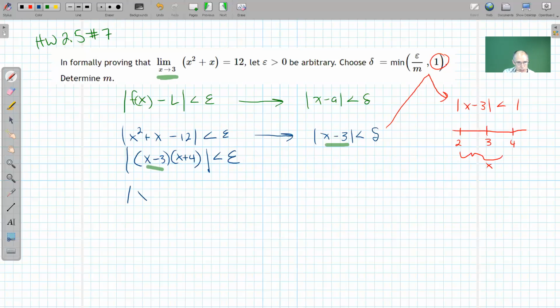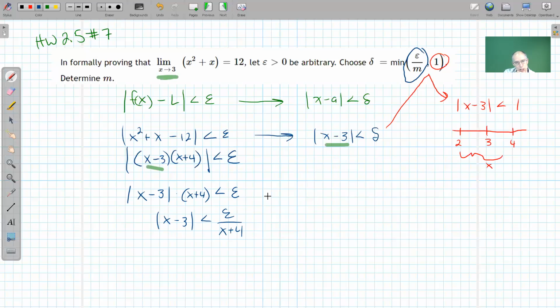So I can say the absolute value of x minus 3 times x plus 4 is less than epsilon, and then I can divide that to the other side. So now I have the absolute value of x minus 3 is less than epsilon over x plus 4. And now this is starting to look like that up here.